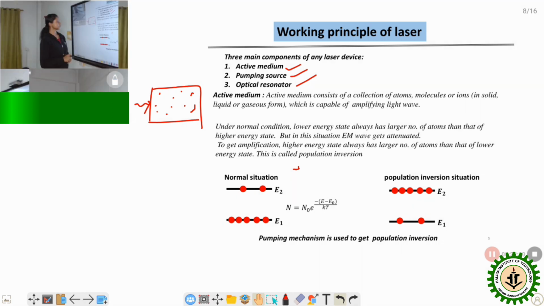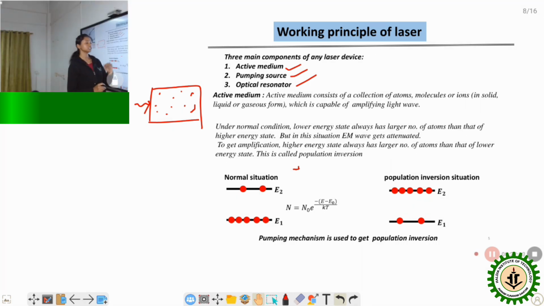For that purpose, we need one solution, which is called population inversion. This is the normal situation: at normal temperature, the higher number of atoms will be in the lower state and the lower number of atoms at the higher excited state, following Maxwell-Boltzmann statistics.